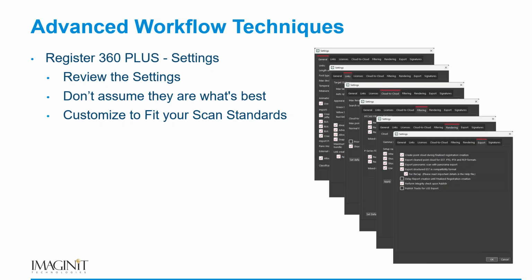So when you are looking at the Leica Register 360 software, that is one thing that we need to set in the settings. Don't assume that the settings used out of the box are perfect. They're great, they're wonderful, they're good, absolutely, but I can make them better. I'm making them fit my need more.